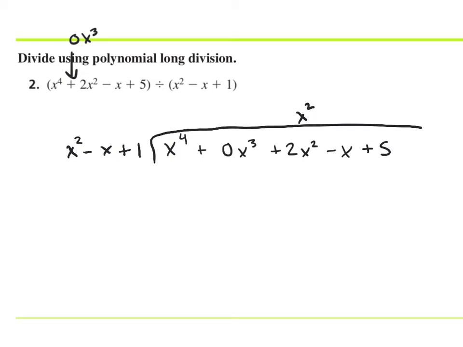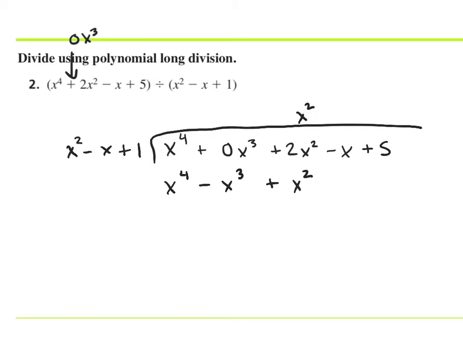Multiply. So we multiply the top and the front. So we have x squared times x squared, which is x to the 4th. What's x squared times negative x? Negative x cubed. And what's x squared times 1? X squared.